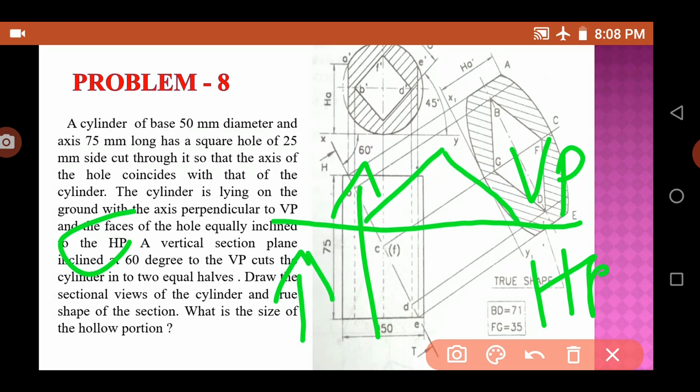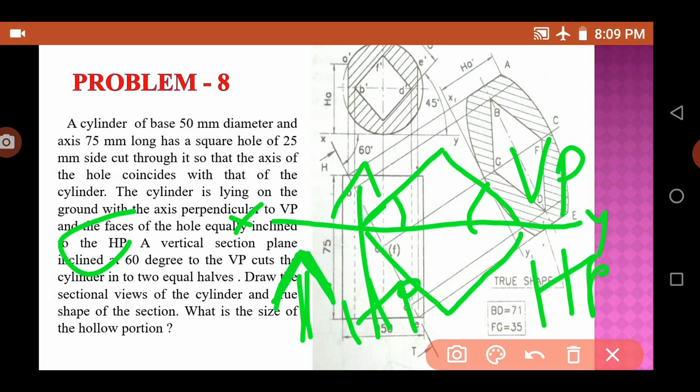This is the square hole, which is equally inclined to HP. This is the XY line, and when you look from this side, you can clearly understand that this becomes the HP.